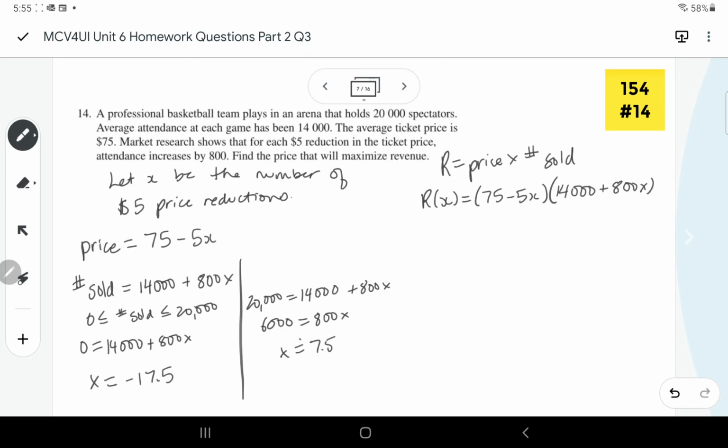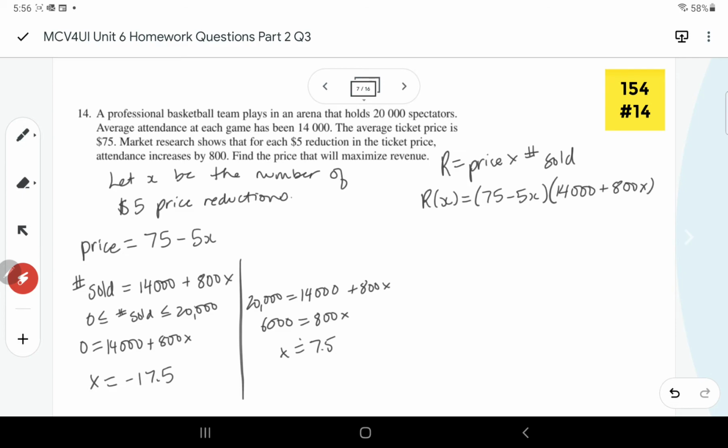That would be 7.5. If you decrease the price 7.5 times, you're selling out. You're not going to have any more tickets to sell, so there's no sense lowering the price because you can't fit any more people.